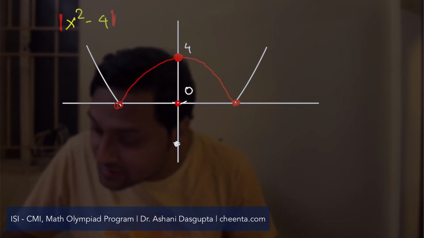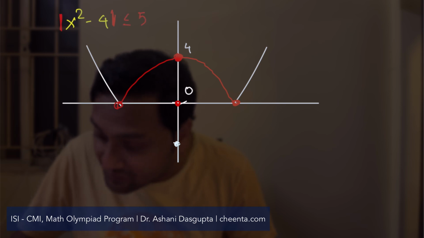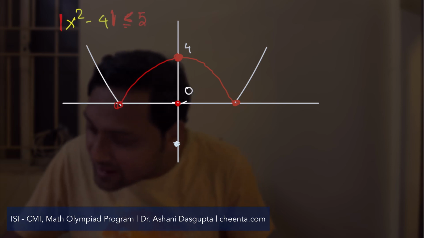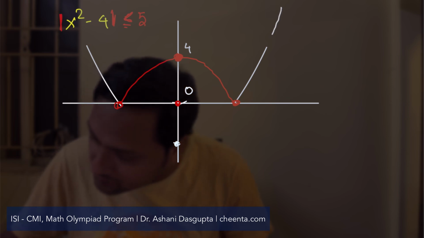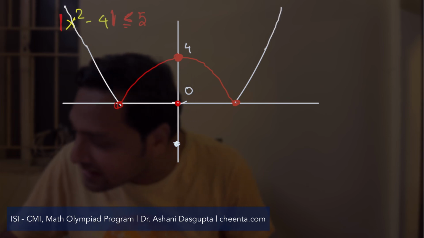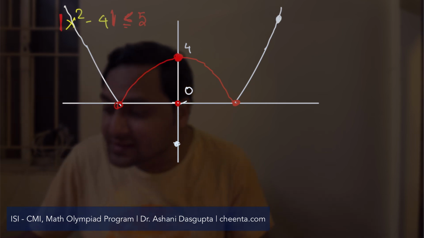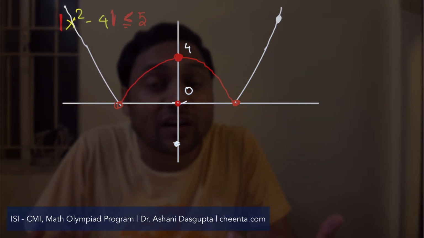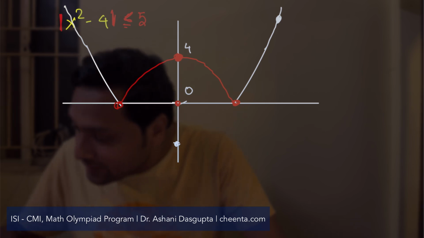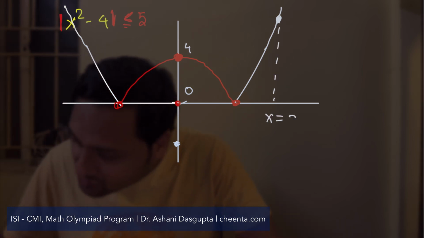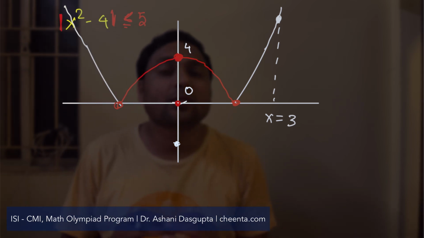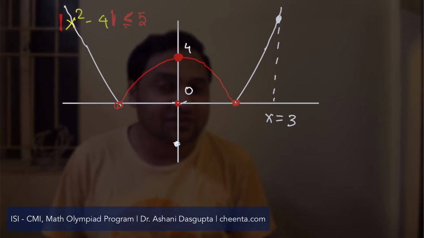And we know that this is less than or equal to 5. So when is this height 5? We want this height to be less than or equal to 5. Well, at x equal to 3. You can easily check: 3 squared is 9, minus 4, that's 5.